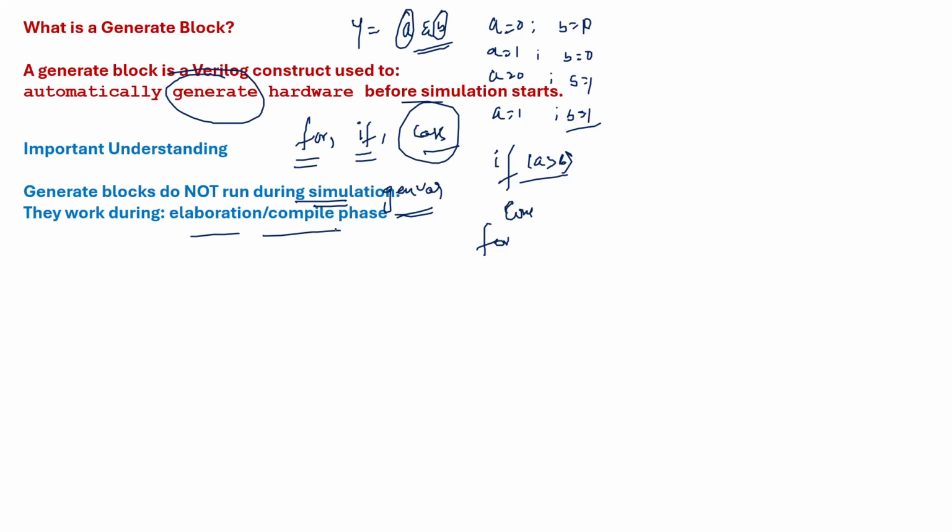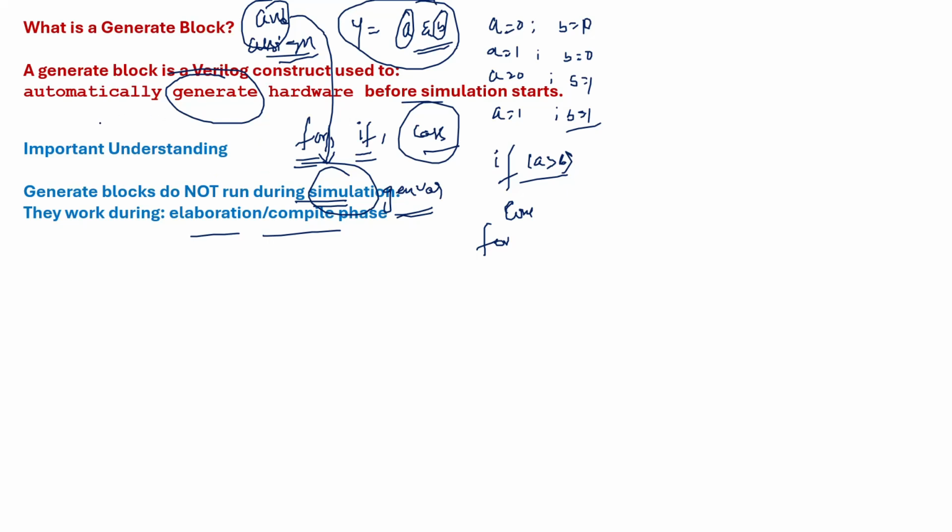Whatever RTL you design, I need to check its functionality. What is the functionality here? Suppose y equal to a and b, this is my functionality. Assign y equal to a and b, that means we are doing an AND operation. Whether this operation is working properly or not, the simulator will take care of that.